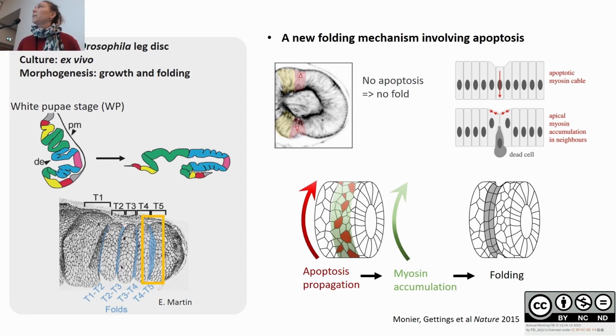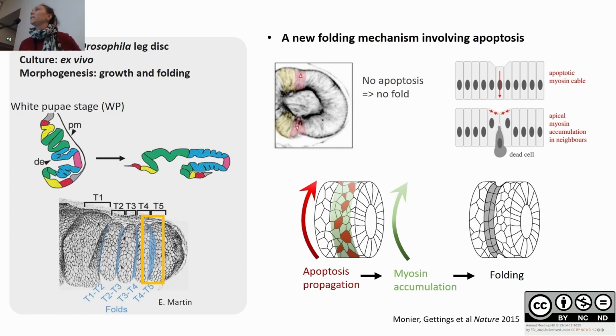By doing so, the team identified a new folding mechanism that involves apoptosis some years ago. When a cell is dying, it generates an apicobasal force through an apoptotic myosin cable. This leads to the recruitment of myosin in the neighboring cells.